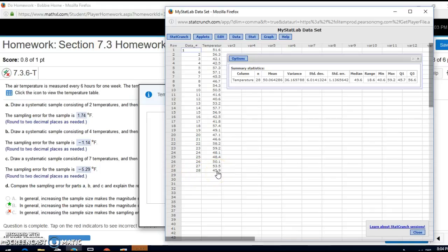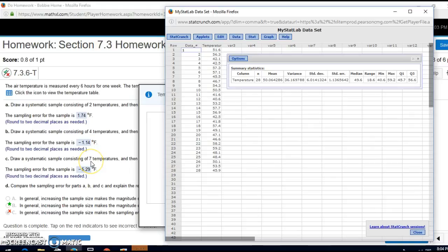So you would add those numbers together and divide by 4. Whatever that number is, that will be your sample mean, subtract it from 50.06.